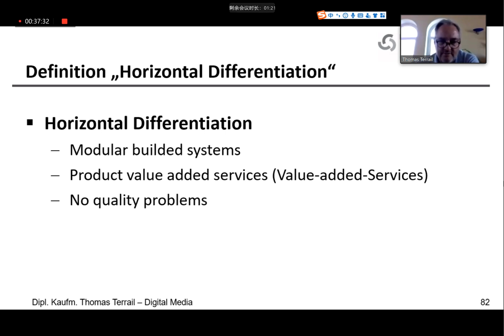Then the customer doesn't have any quality problems. So it can be the same products. On one side you see the side of presentation, and on the other side you have the part of distribution. If you have different kinds of offering, this means horizontal differentiation.